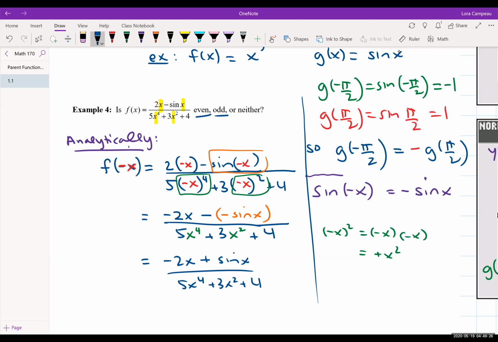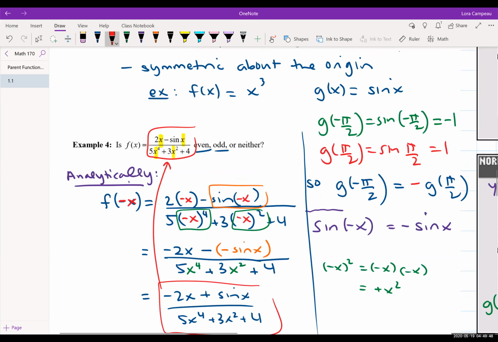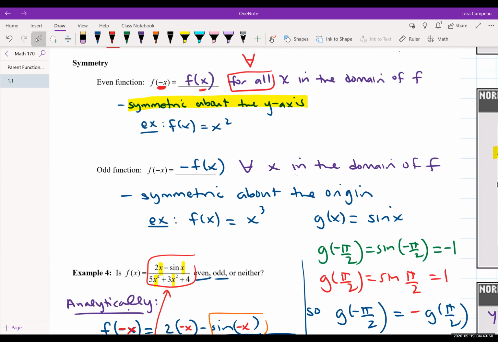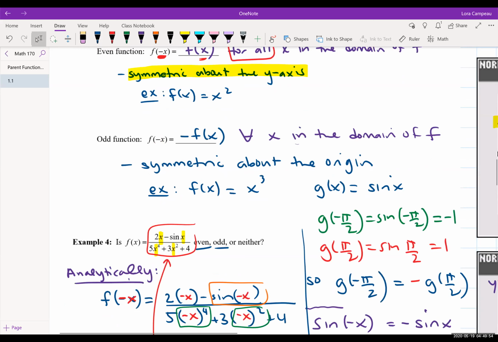What I like to do is compare back to the original function. I do like to compare. If I see that they're exactly the same, without doing any sort of math, I can stop right there, because then you would know that if you plug in negative x for x and you get back the original function, you actually have an even function.